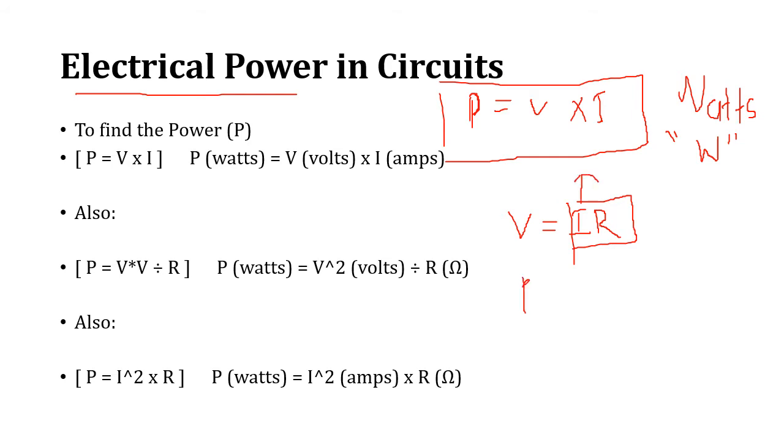So P is equal to, for the V I substitute I into R, and also there is another I, so that will be equal to I squared R.